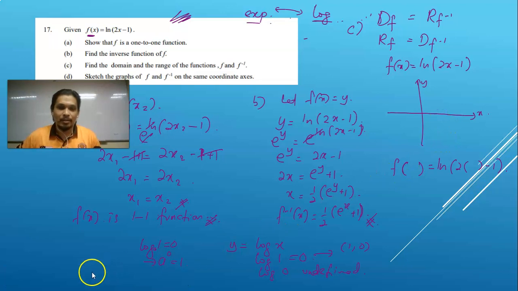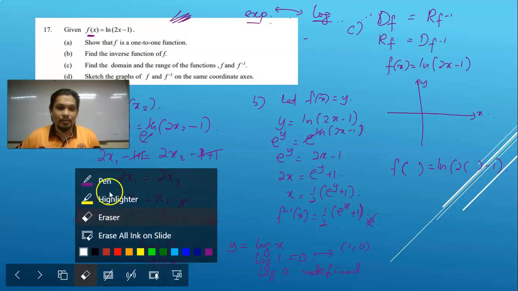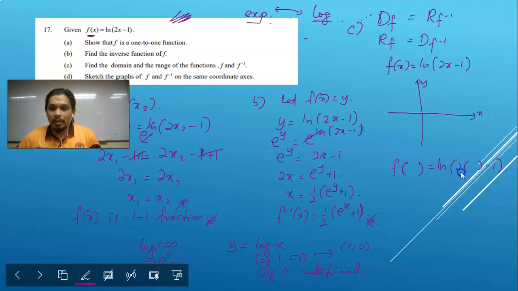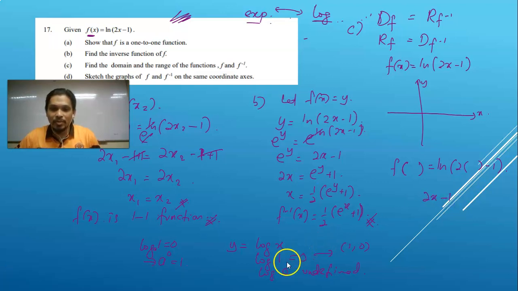Okay, so now to make this 2x minus 1, let's make it equal to 1 here. So then 2x equal to 1 plus 1, which is 2, then x equal to 1.